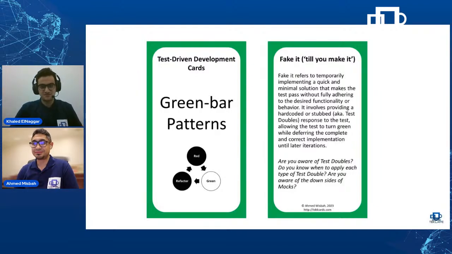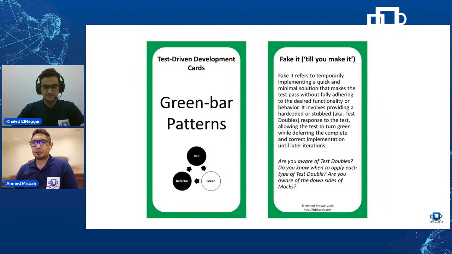Fake it refers to temporarily implementing a quick and minimal solution that makes the test pass without fully adhering to the desired functionality or behavior. It involves providing a hard-coded or stubbed, also known as a test double, response to the test, allowing the test to turn green while deferring the complete and correct implementation until later iterations.